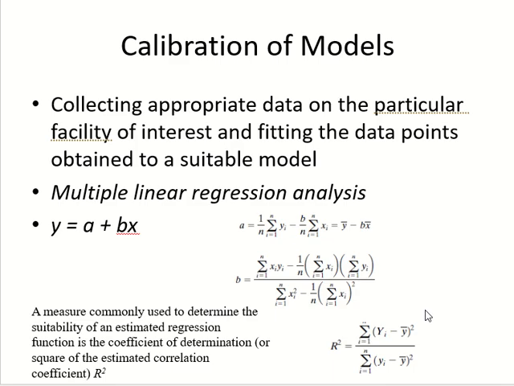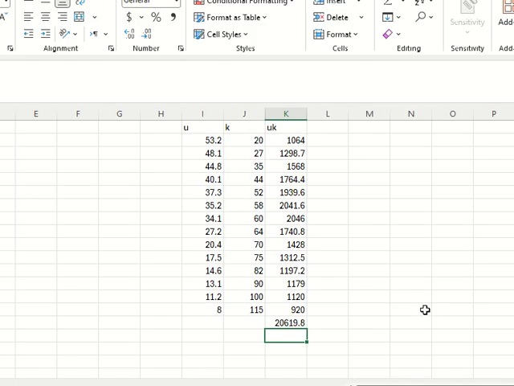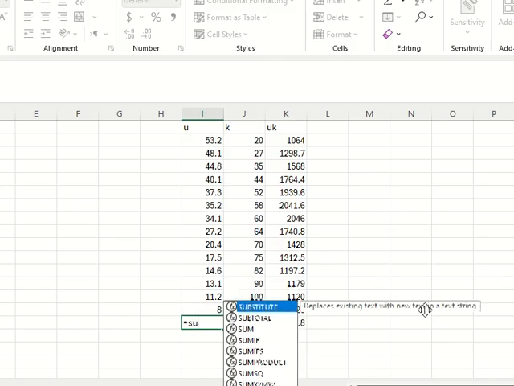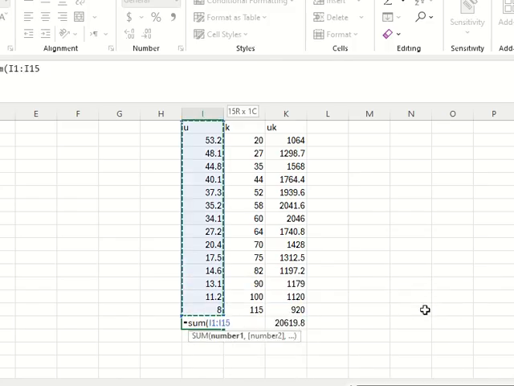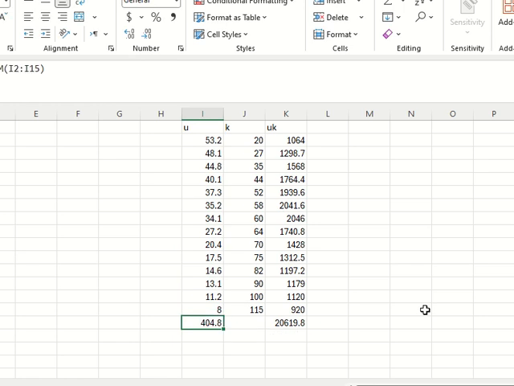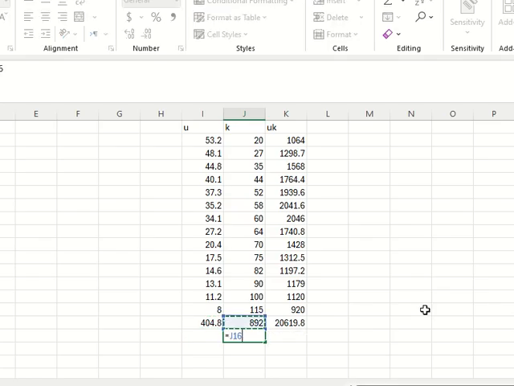Okay, but no, I need them: sum multiplied by sum divided by n. So I still have to calculate the sum for each one of them. Sum of this one into this one, divided by n.